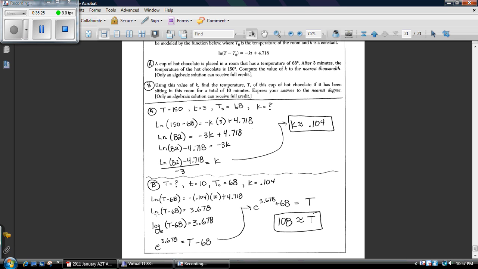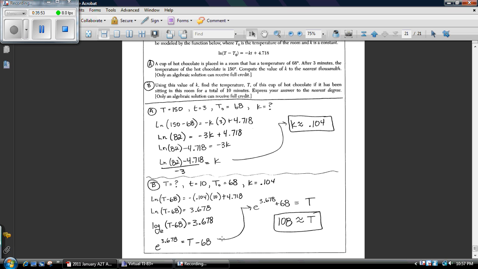So transform this back into log with a base of e. Once it's in this form, transform from logarithmic form back to exponential form, right? Base raised to the exponent equals the result. e raised to the 3.678 equals T minus 68.